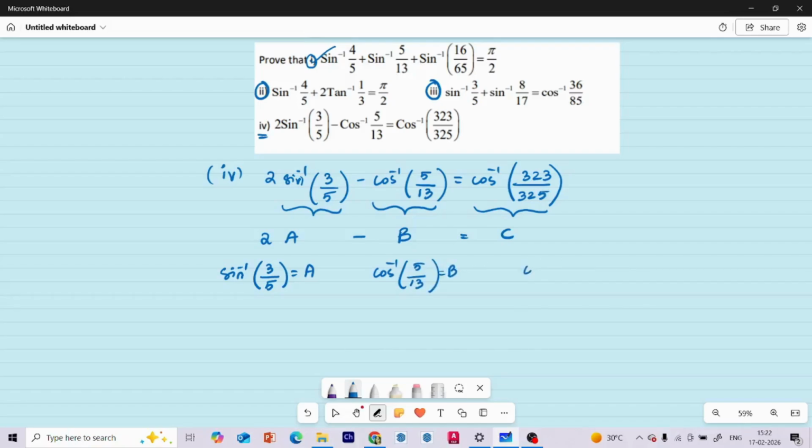And you replaced this entire cos inverse term with C. So from this I can write, taking sin inverse across, sin A is equal to 3/5; taking cos inverse across, cos B is equal to 5/13; and cos C is equal to 323/325.